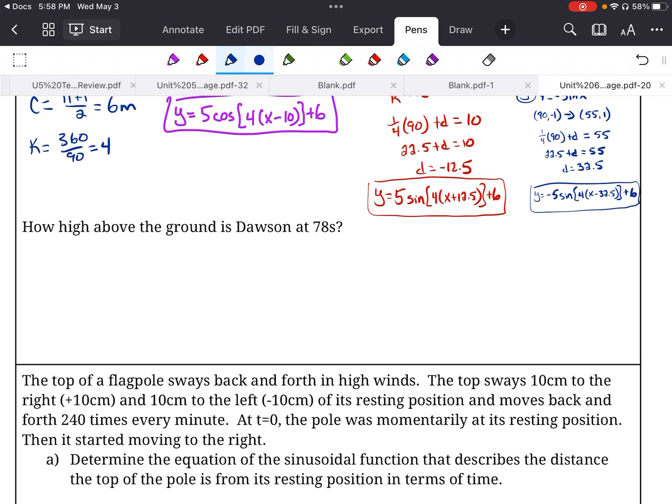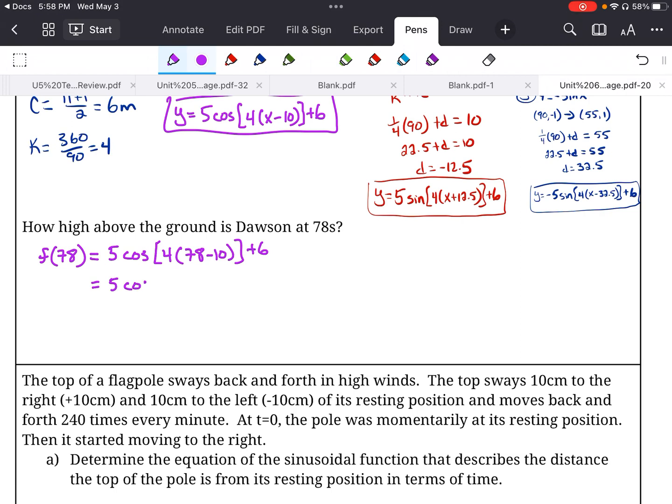How high above the ground is Dawson at 78 seconds? I'm going to use the first equation that we did in purple, the cos one. It's talking about seconds, which represents the x values at 78. So we have 5 cos 4 times 78 minus 10, plus 6.